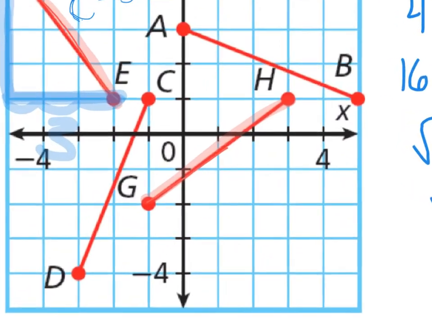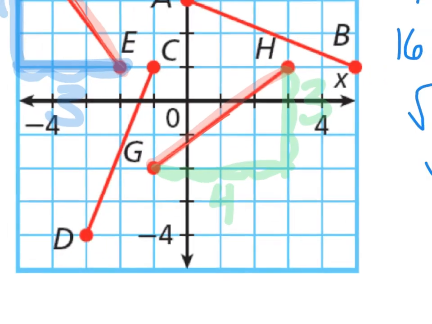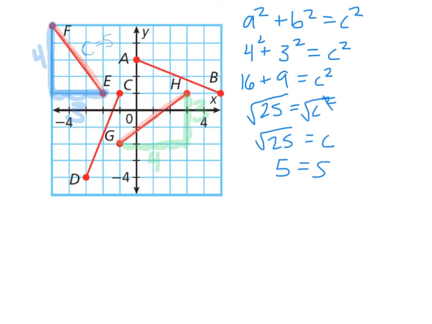Now let's look at GH. So we do the same thing. We form a triangle. And now we count how many units is the base. 1, 2, 3, 4. And we count how many units the height is. 1, 2, 3. So 3. So now we do the Pythagorean Theorem again. So we have 3 squared plus 4 squared is equal to c squared.